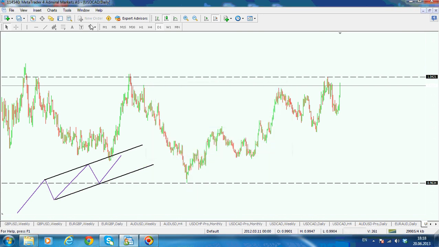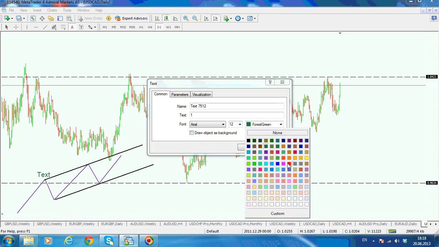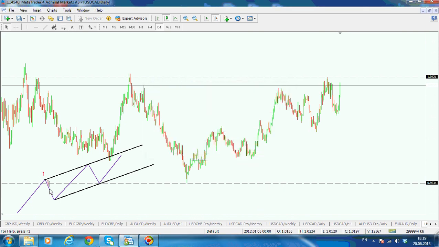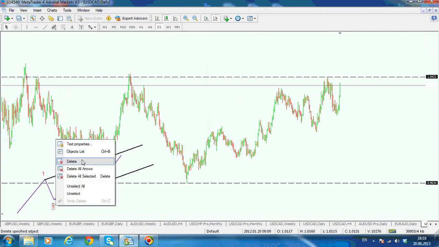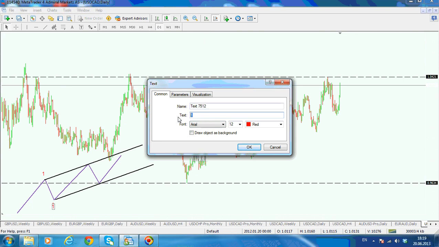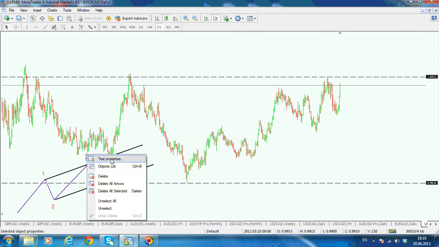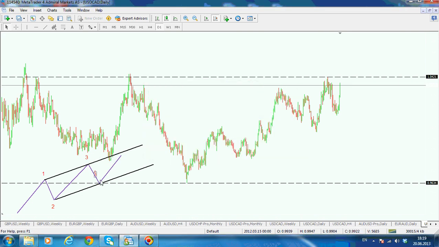So you have the possibility of a wave 1, let's make this one of this degree, then a second wave, then a third wave, and a fourth wave.